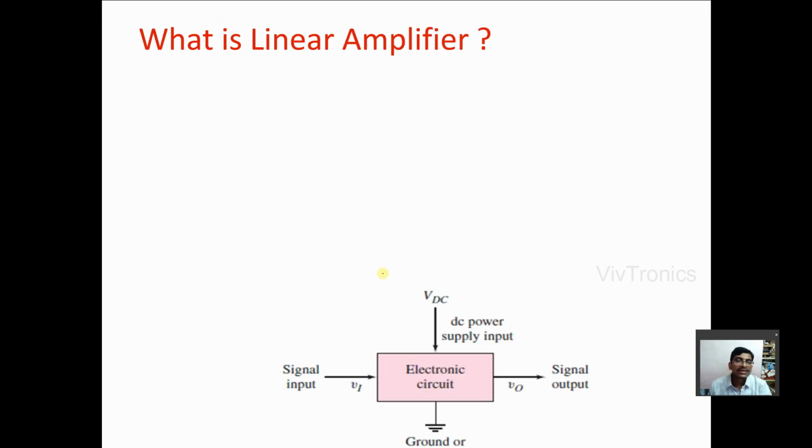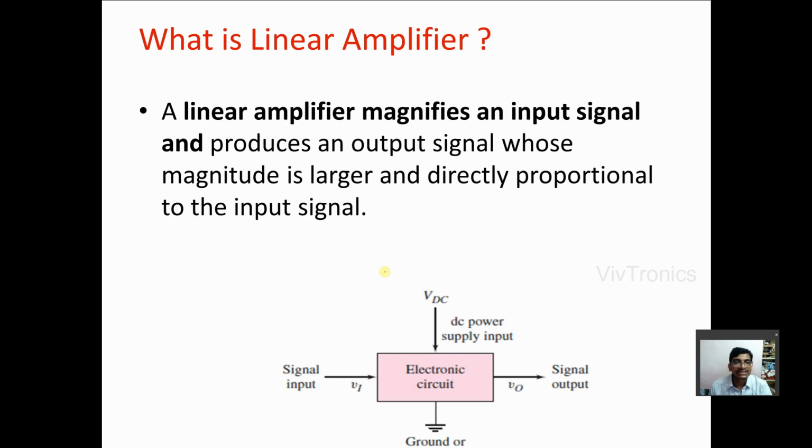Let us see what is a linear amplifier next. A linear amplifier magnifies an input signal and produces an output signal whose magnitude is larger and directly proportional to the input signal.